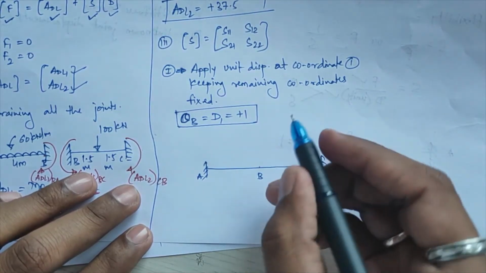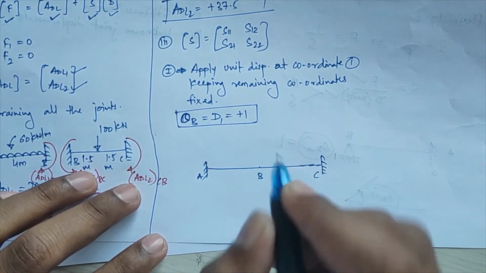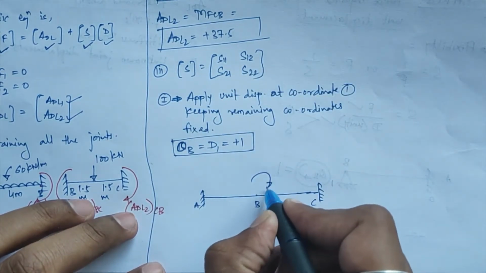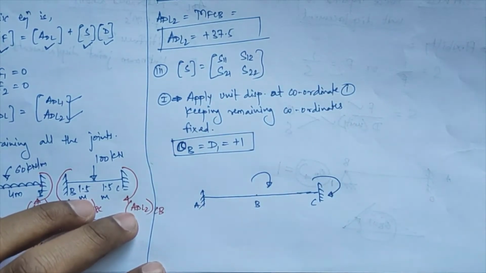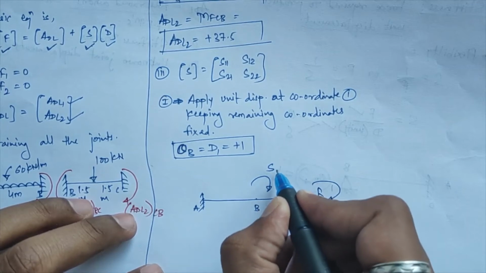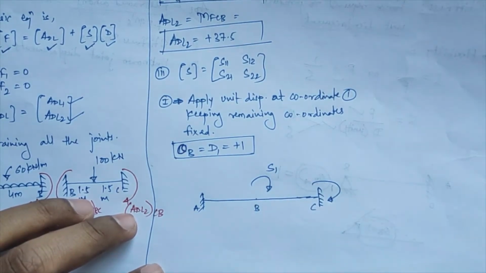Here first you have to apply the stiffness forces over here. So here I'll mark the two forces, those I am getting from stiffness over there. Now which are these forces? Stiffness you are calculating at your first coordinate, right?